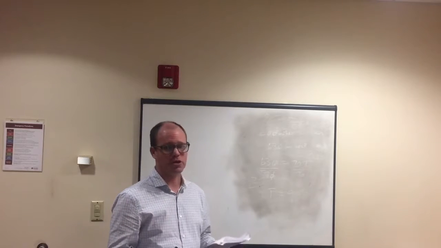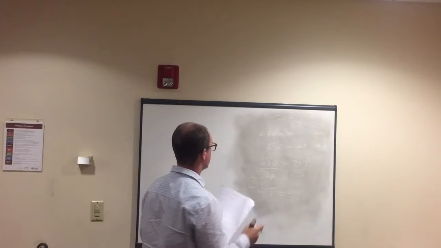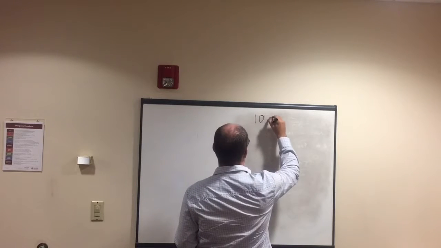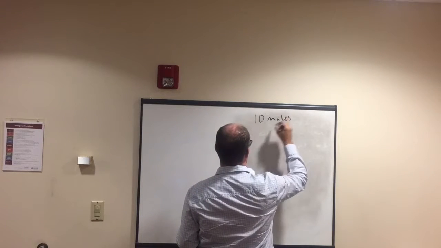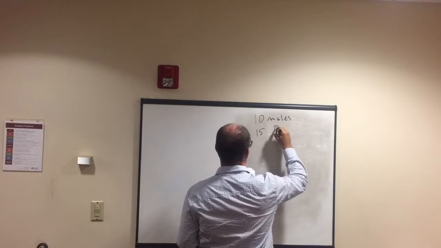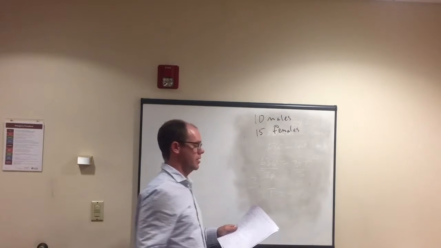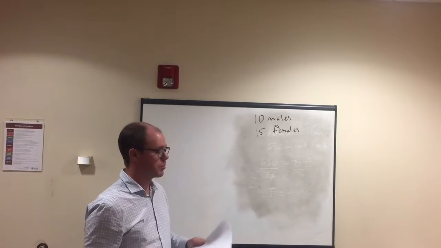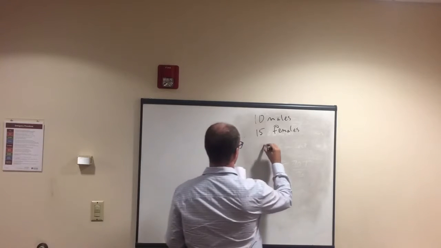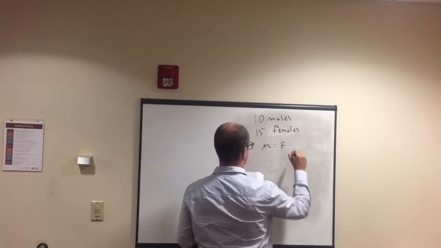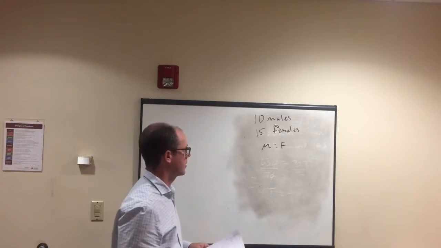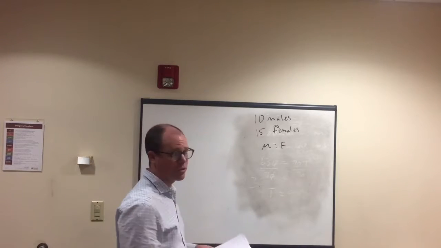Okay, so proportions, right? In this question, we have in a classroom, or in any room really, 10 males, 15 females. And then what is the proportion of males to females? Okay, they're going to want you to reduce it.